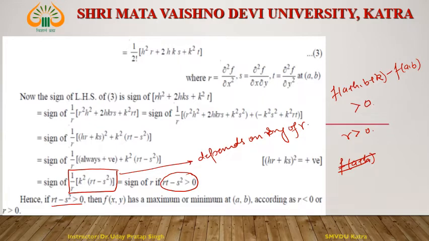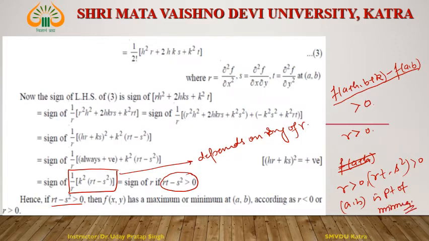Since r is positive and rt minus s square is positive, it means this is greater than 0. So ab is a point of minima.